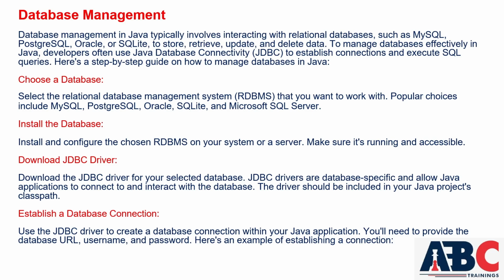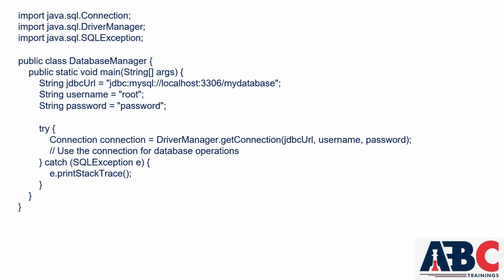Here is an example of establishing the connection. We create the class DatabaseManager, then add the main method, then String JDBC URL, and add the URL. Then a username and a password are added, then add the try block.